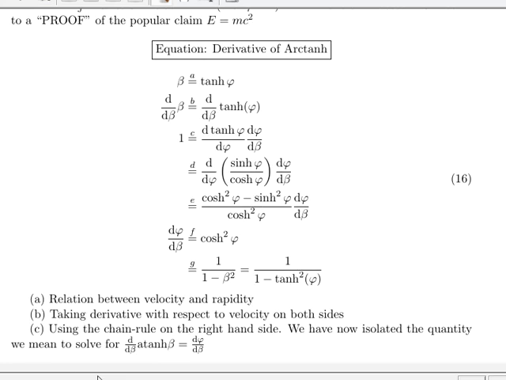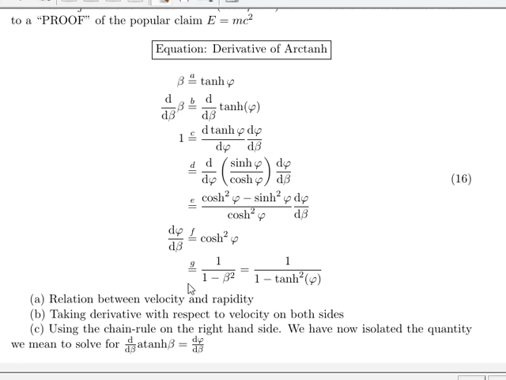So I decided to revise the last few steps of this derivation, and instead of involving all of those extra steps, I just solved step E for del phi del beta, which means multiplying both sides by cosh squared phi over 1.